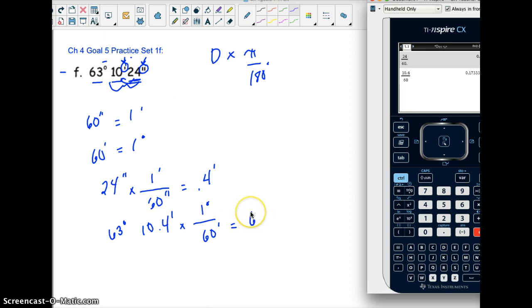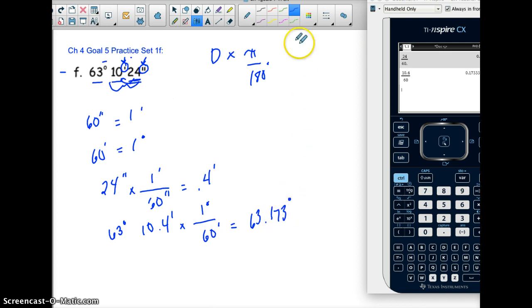So I now know that 63 degrees, 10 minutes, and 24 seconds is 63.173 degrees. Now, finally, we can multiply this by pi over 180 to convert that into our radian measure.